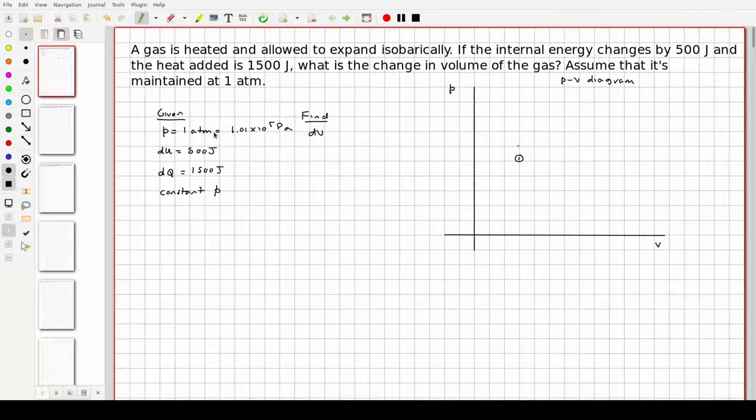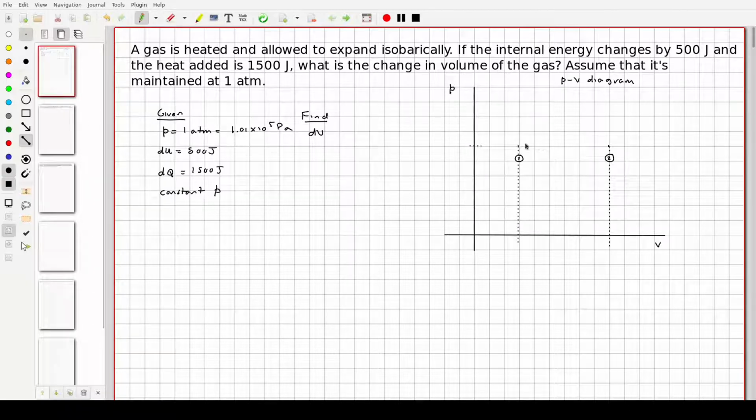We know with a constant pressure that as it goes from state 1 to whatever state 2 is over here, it's a new volume. These things correspond to volumes. They also correspond to, in this case, a specific pressure.